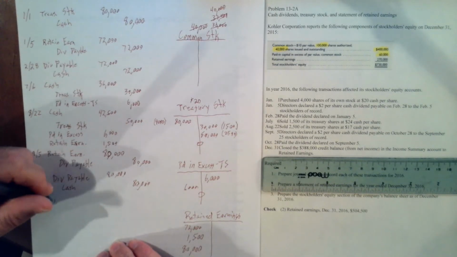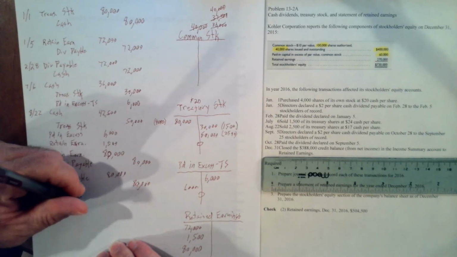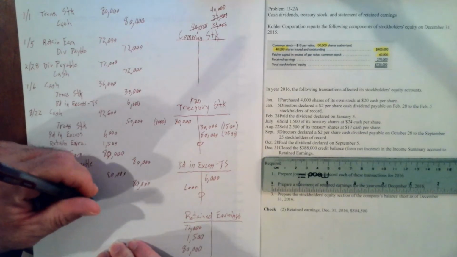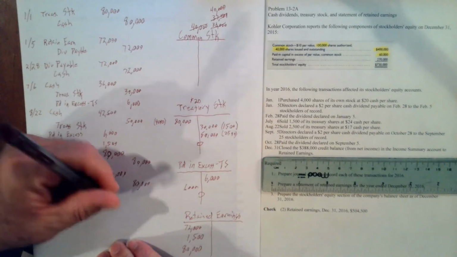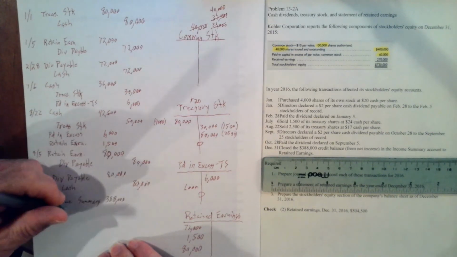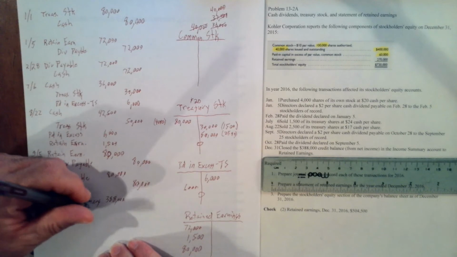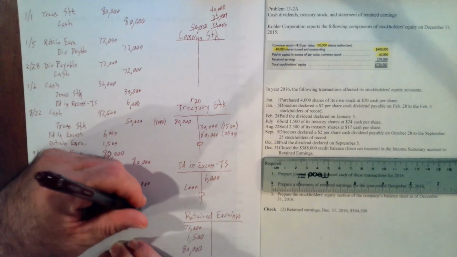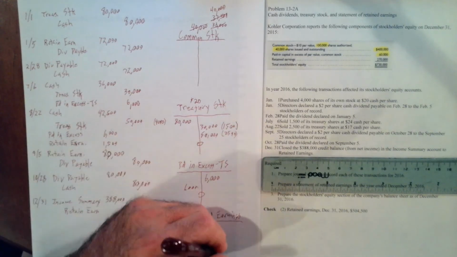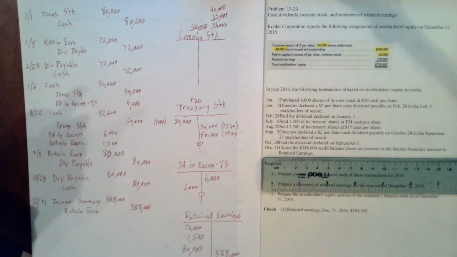So I'm going to debit income summary $388,000, and credit retained earnings $388,000. So now I update this T account. Okay, that's all the activity that I need to keep track of at this point.